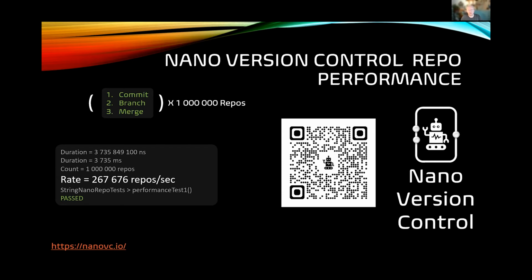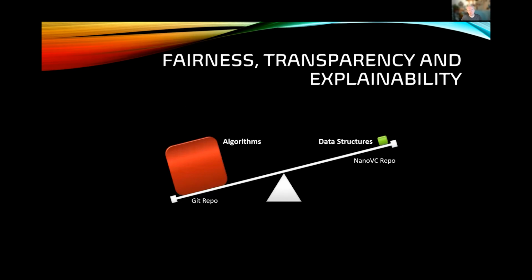The connection to the content for the conference is that I've noticed that there's a very severe imbalance at the moment where Git and our version control, as we know it from the Git world, is predominantly used for version controlling source code and the algorithms.